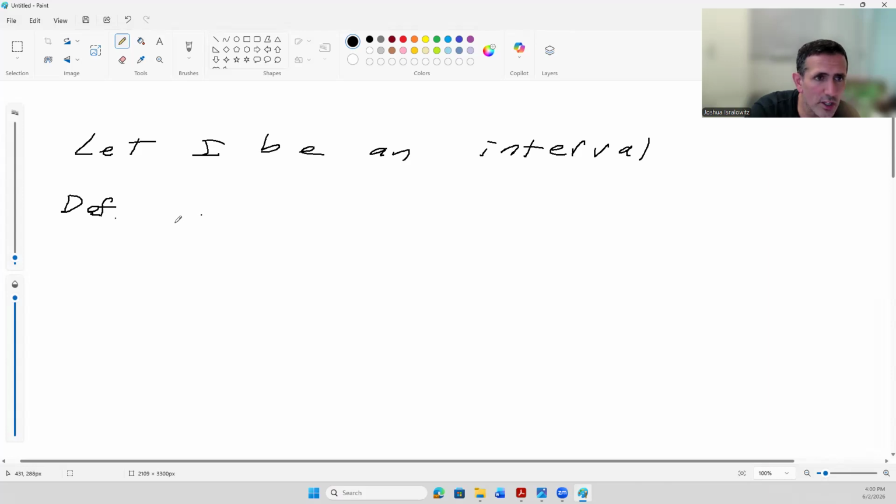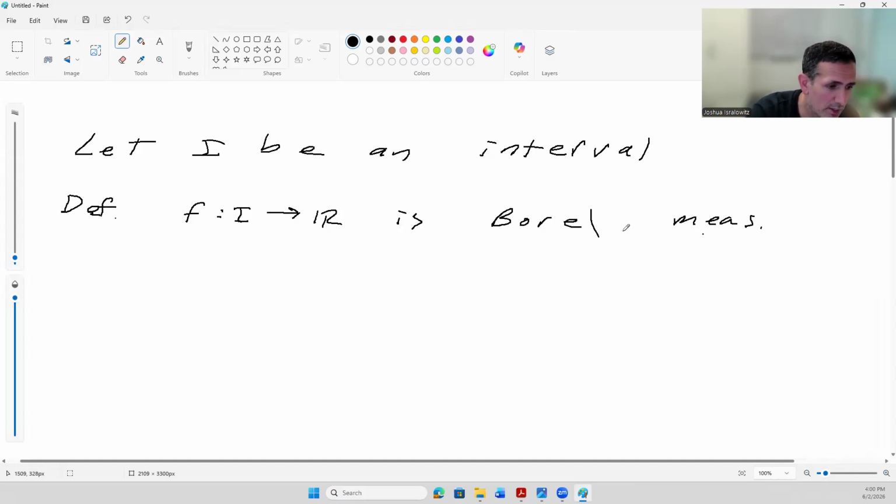So, a definition: a real valued function on I is Borel measurable on I if the inverse image of each Borel set is Borel.